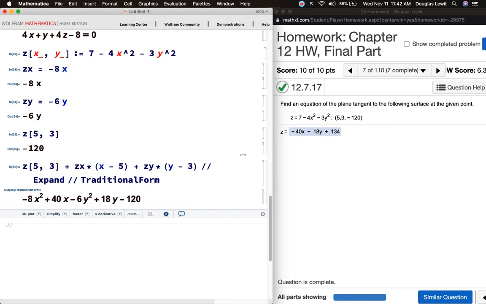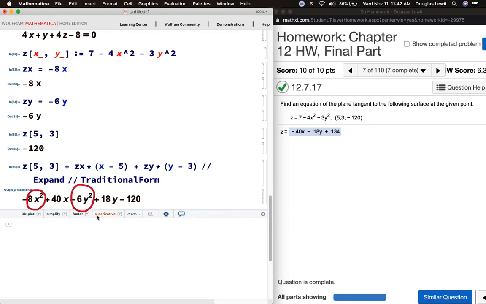It's a linear equation, okay? Well, we have a little problem here because these are not linear terms. Those are quadratic terms. And because they are quadratic terms, they do not belong in the equation of the tangent plane. So something was definitely wrong. Yes? I hope that makes sense to everybody.